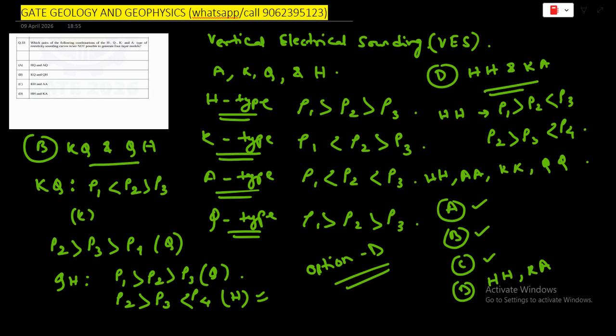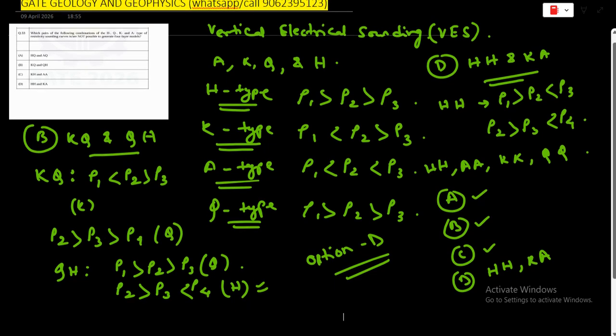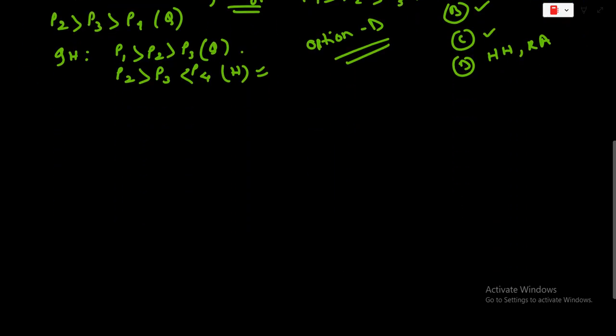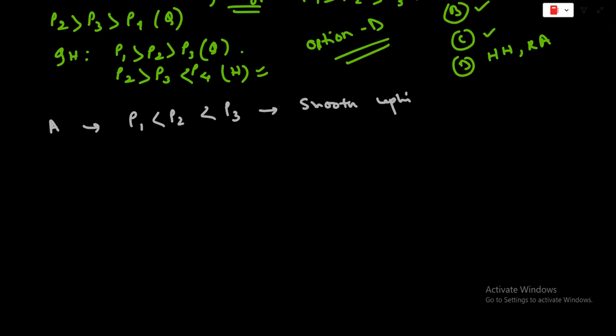Okay, if I talk about the ascending A, then the resistivity relation is rho 1 less than rho 2 less than rho 3, and it is smooth uphill. If I talk about K, then rho 1 less than rho 2 greater than rho 3.